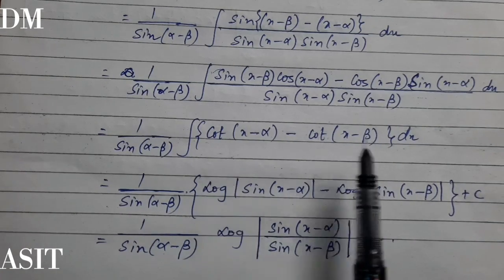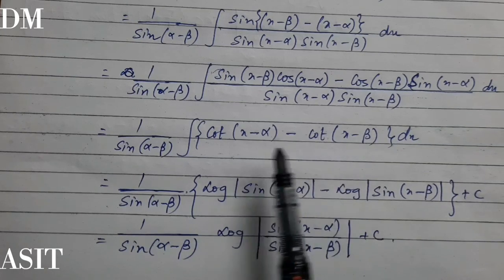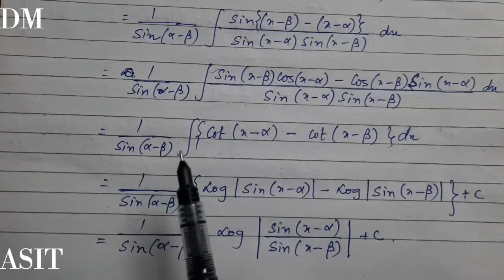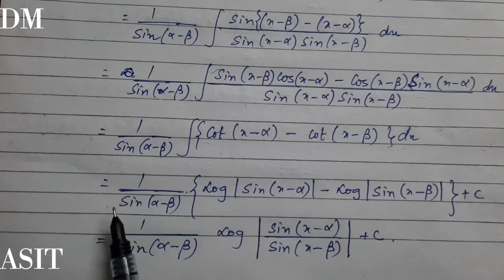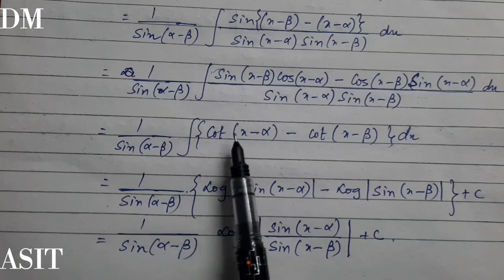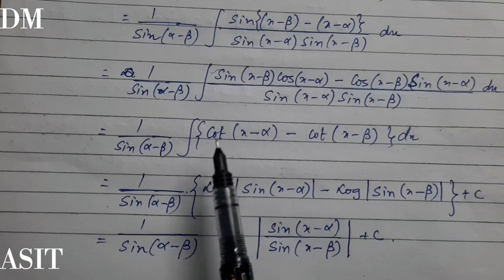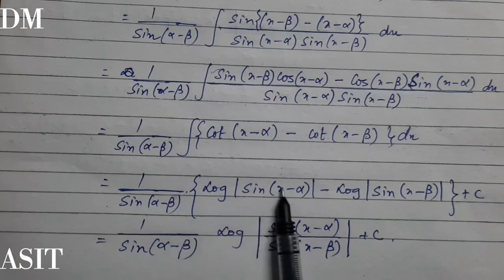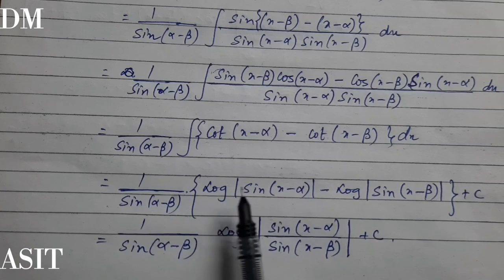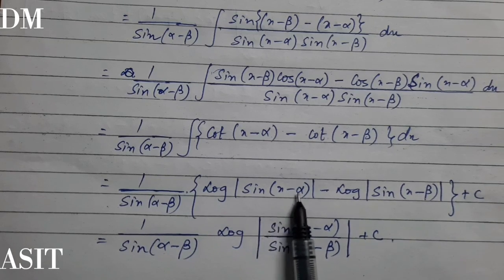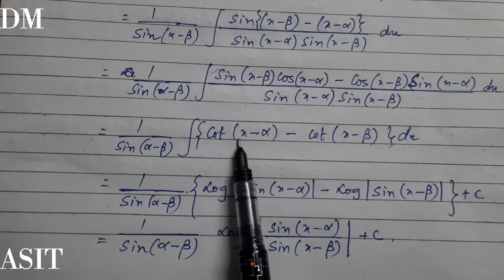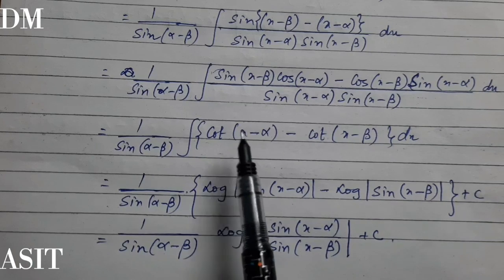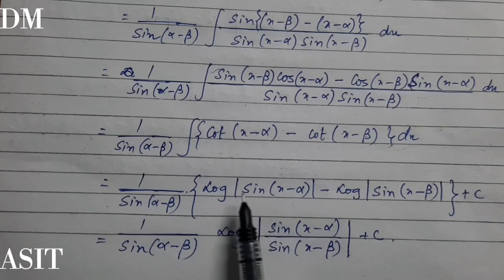Now we can distribute the integral and find the integration. The result of the integration will be 1 by sine (alpha minus beta) into, now the integration of cot is log of mod sine. So it will be log of mod sine (x minus alpha). Now what is the coefficient of x? The coefficient is 1, so there is no need to write it.